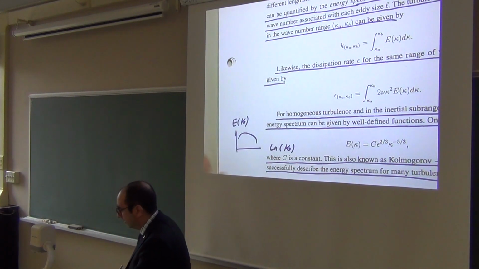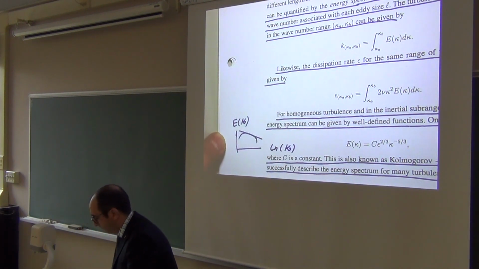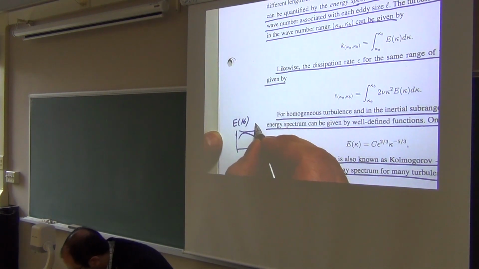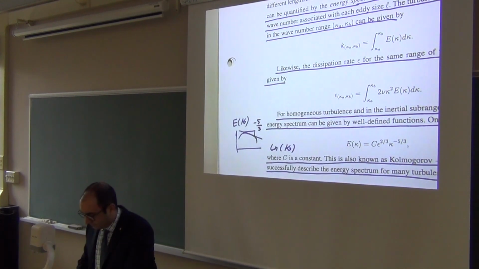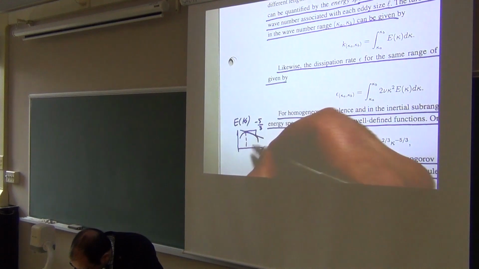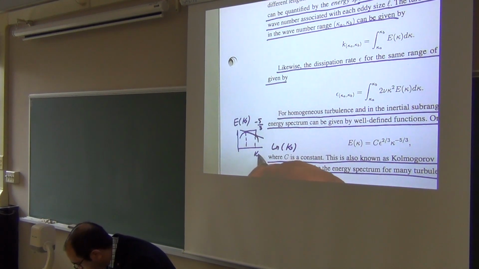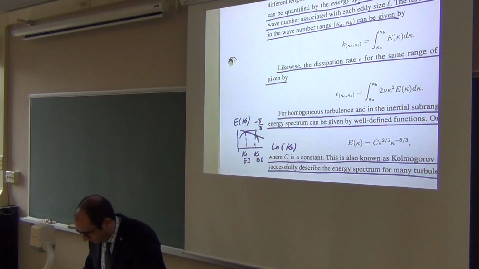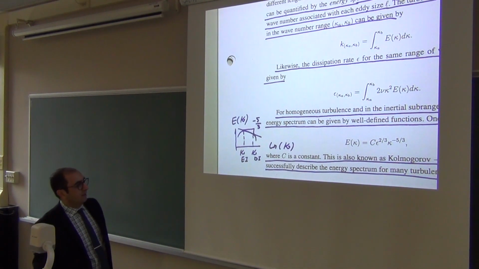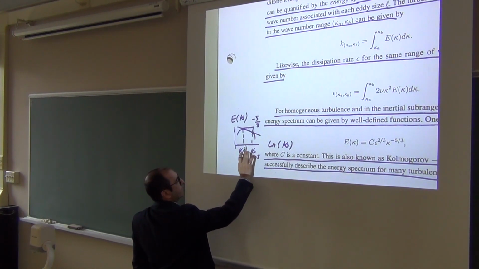Only in the inertial subrange, the slope of that line will be -5/3. -5/3 is the slope of that line. And if you want, you could show kappa DI and kappa EI in this plot. So only in the inertial subrange that's the slope you get.